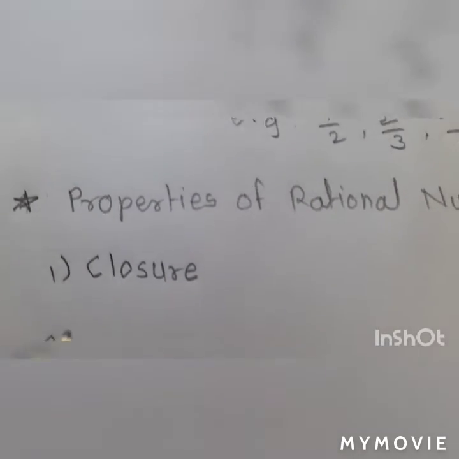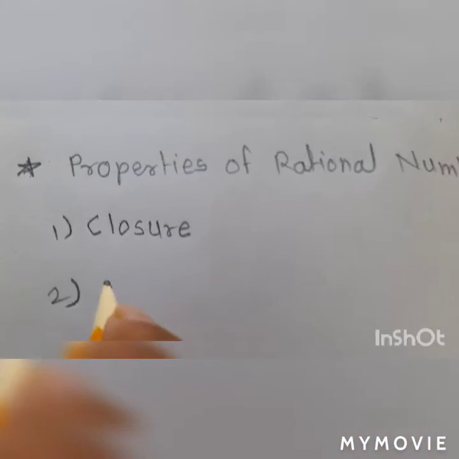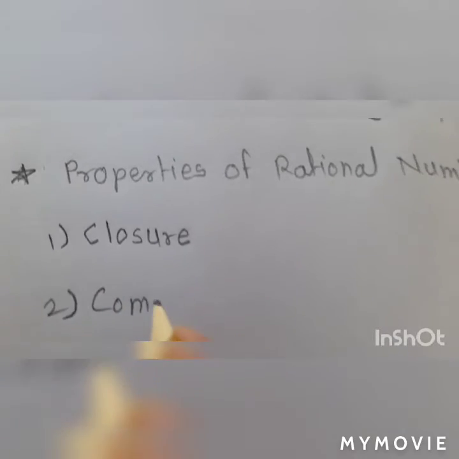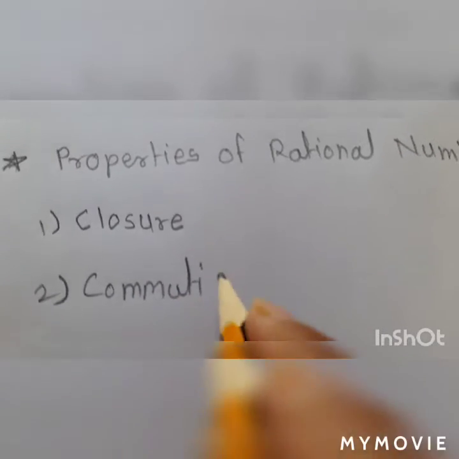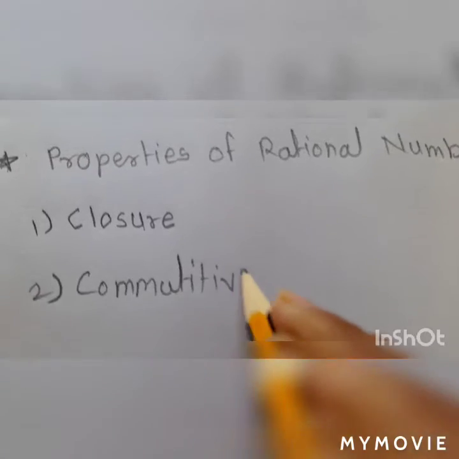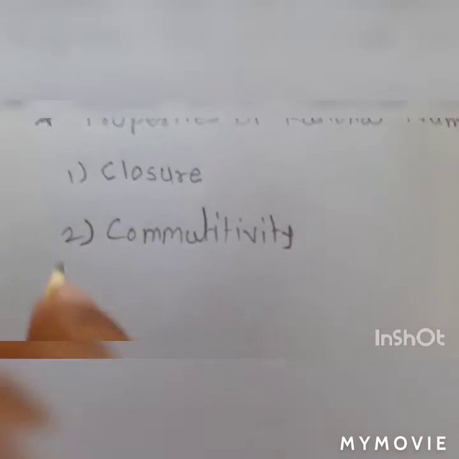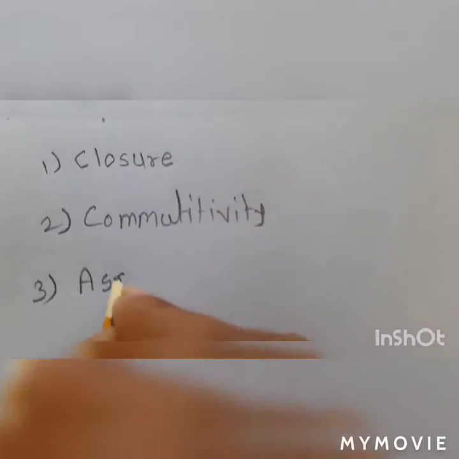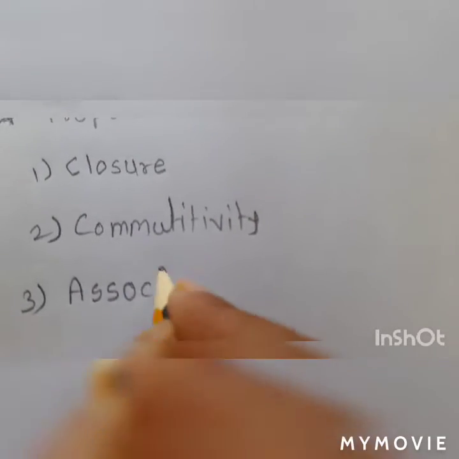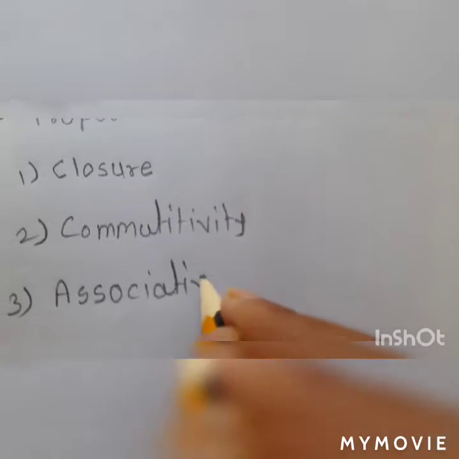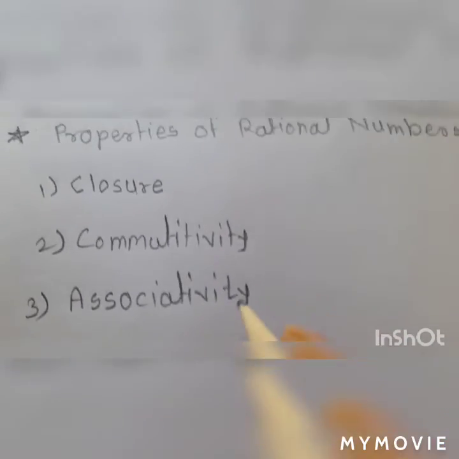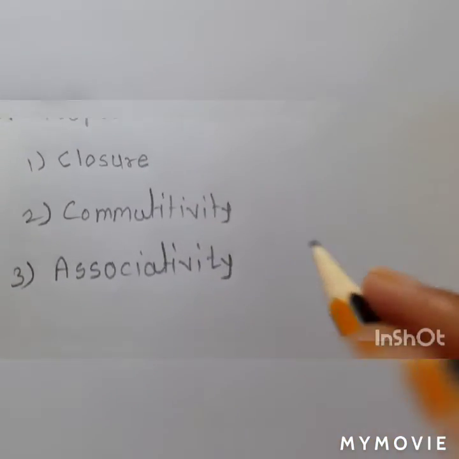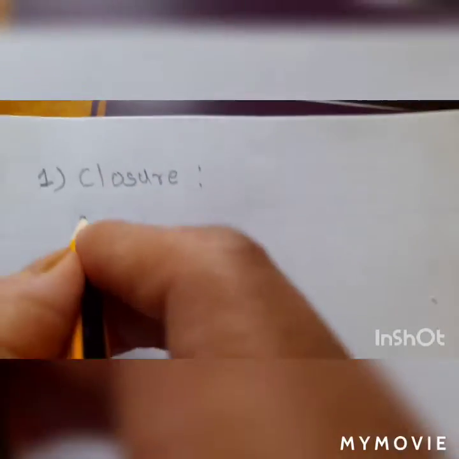First is closure, second is commutativity, and third property is associativity. So friends, let us check one by one.